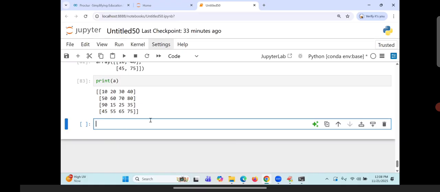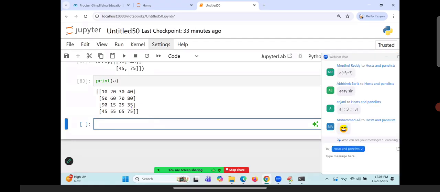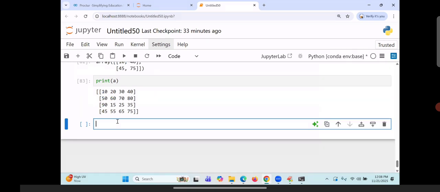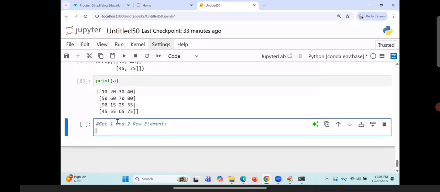Come on, start. Now I am going to get it. This first and second row I want. Which rows do I want? 0th row, first row, second row, third row. I want the first row and second row. Come on, how do you write it? So I will write it. Get first and second row elements. Start.